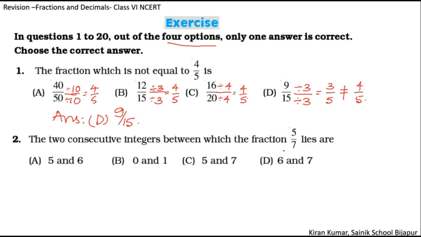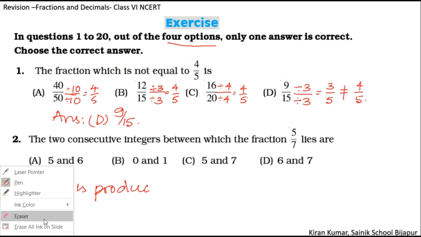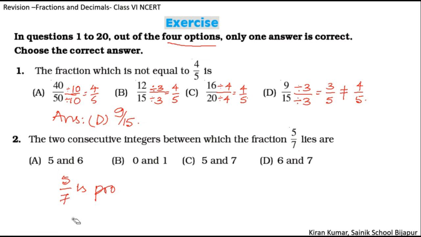This particular number 5 by 7 is a proper fraction, in which the numerator (NR) is smaller compared to the denominator.